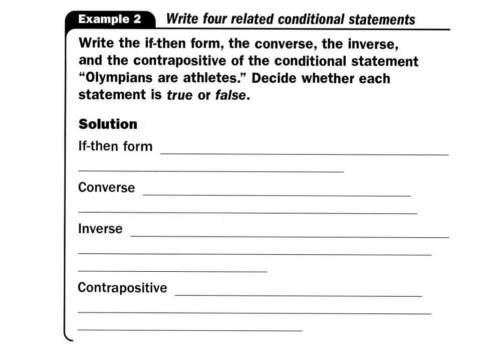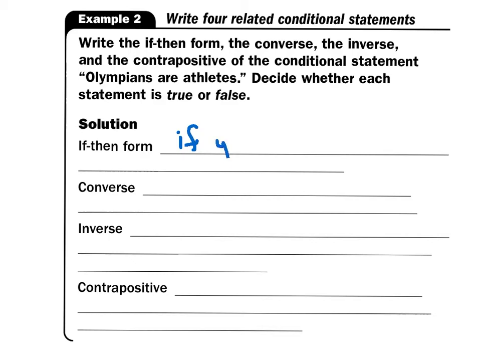Okay, here we go, writing our 4 statements. Write the if-then form, the converse, the inverse, and the contrapositive. So Olympians are athletes. So if-then form.